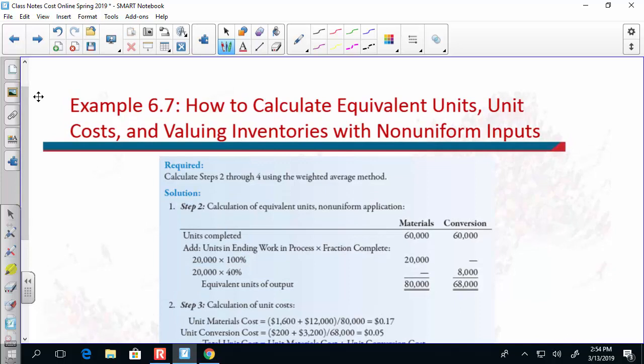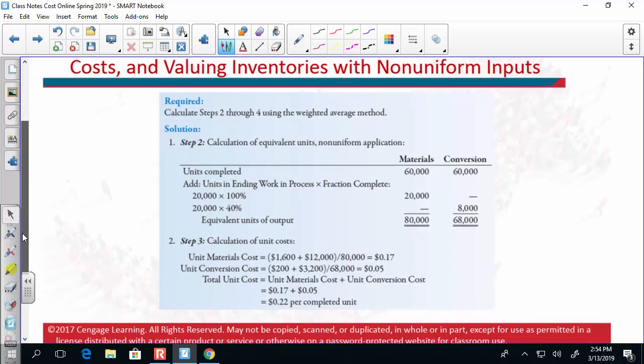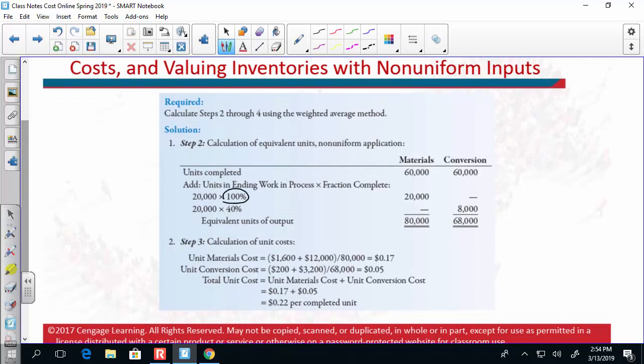So example 7 tries to show that non-uniform process here. You'll notice now with our ending units, they're already done for material. We're not going to add any more material. But they're only 40% done for labor and overhead.